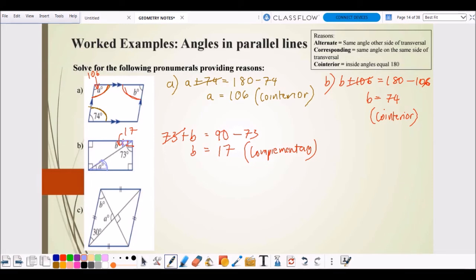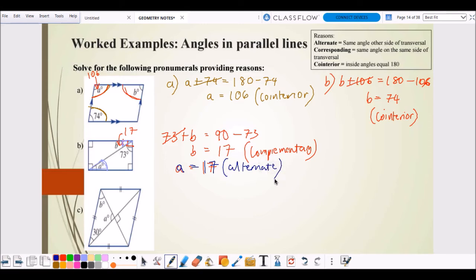So that's one way I could reason with it. So I'll write here, A is equal to 17, which is what B was, and the reasoning I got for that is that angle and that angle alternate. I'll use another color so it's not confusing. A equals 17.